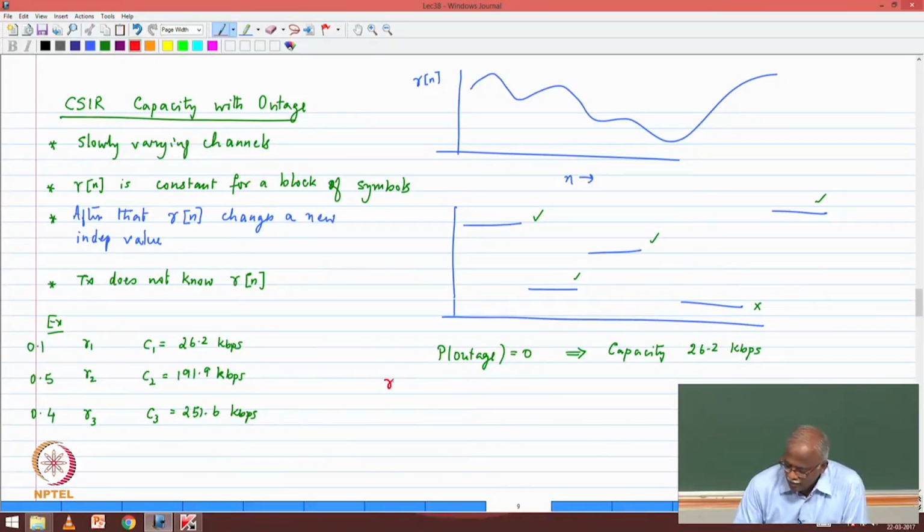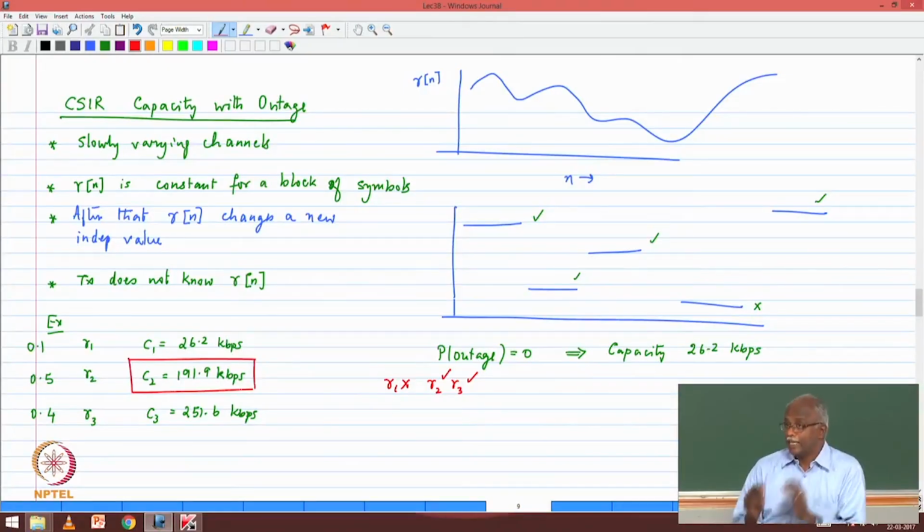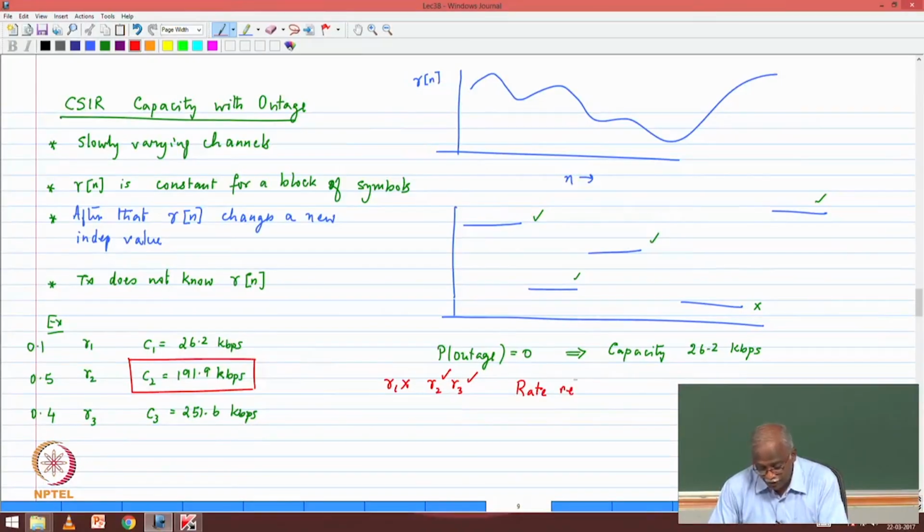Okay. Now if I were to say that I am willing to forego gamma 1, so gamma 1 I am going to consider as outage. Gamma 2, gamma 3 must be transmitted without error. Now what is the throughput that I can achieve? In that case I can achieve a capacity of 191.9 kilobits. I can transmit at that rate. But some portion of the time the data will not get through.